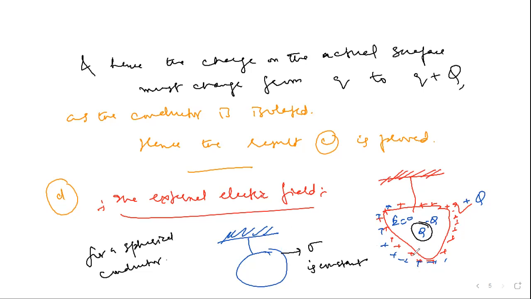I repeat, the surface charge density near pointed regions will be large, and near flatter regions will be small. Now we will show, if there is some surface charge density sigma at a certain point, what is the electric field just outside that point in an isolated conductor.